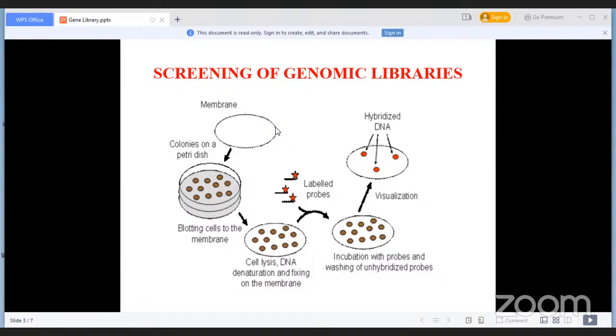This mRNA is later converted into a DNA strand, cDNA, by the reverse transcription process. After formation of DNA, in normal transcription the DNA converts into mRNA, and mRNA converts into protein. The protein expresses the enzyme.